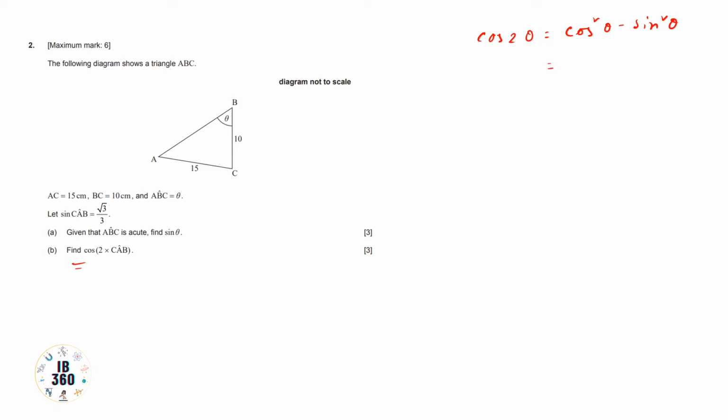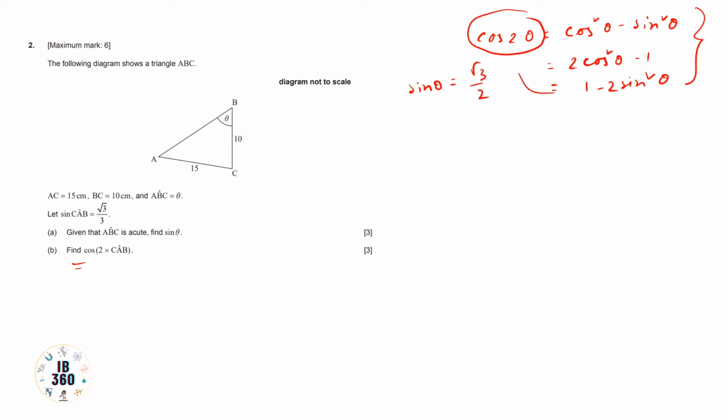It is also equal to 2 cos square theta minus 1, and also 1 minus 2 sine square theta. From these three formulas, we have to apply only one. Here we have the sine value, so for finding this we will use this one. This is sine not theta, it is CAB, that is root 3 by 3.